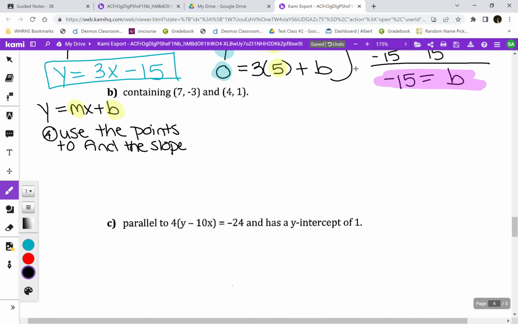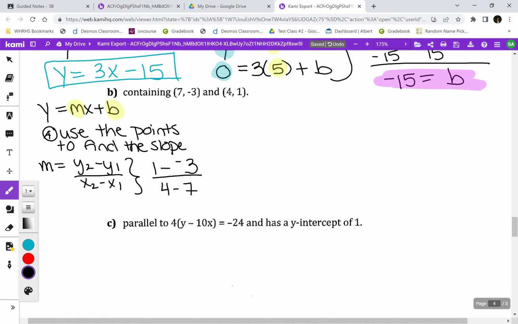Yeah, so we're going to use m equals y2 minus y1 over x2 minus x1. So now I'm going to have 1 minus negative 3 over 4 minus 7.